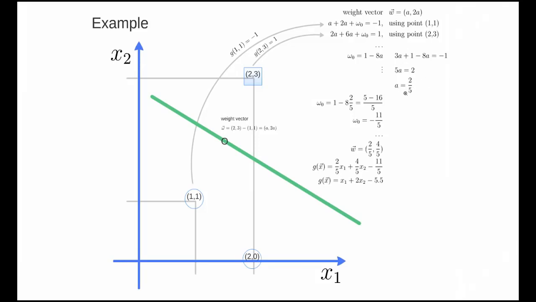Now we discovered the value of a, and we will substitute in the first equation and also discover the value of omega 0. By dividing here, we will come to the conclusion that omega 0 is minus 11 divided by 5. And since we know that the weight vector is a and 2a, we can substitute the value of a here, and we will deliver these values of the weight vector.